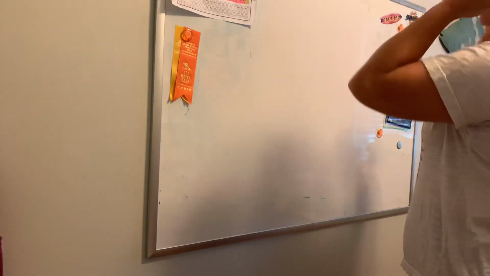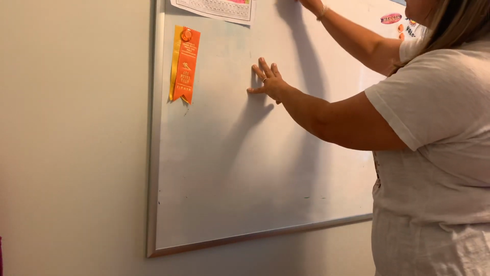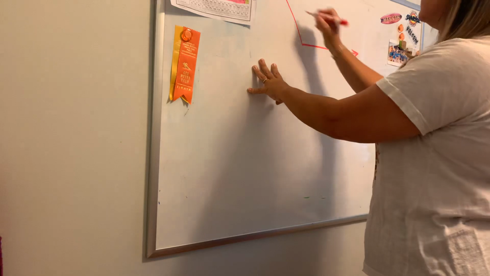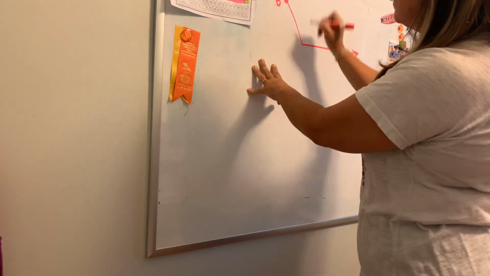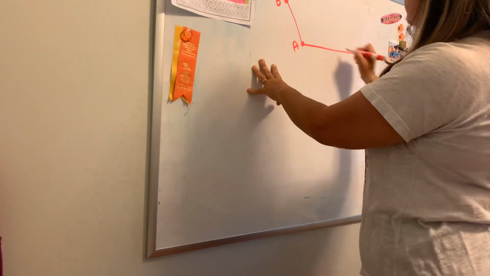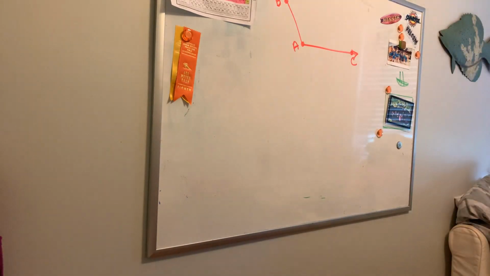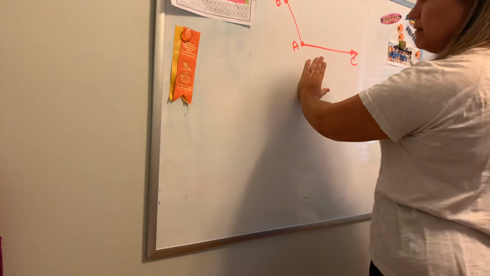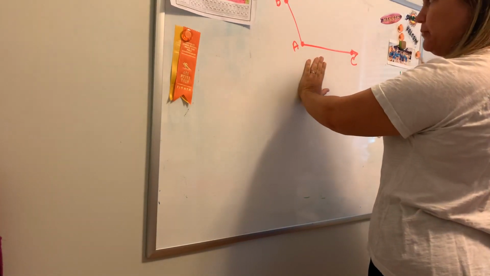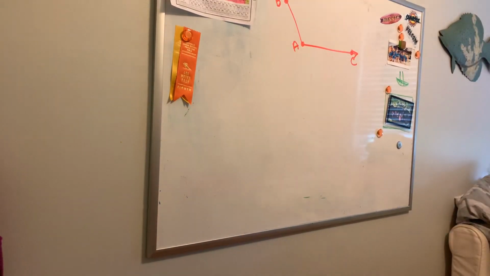So to name an angle, if I have this large angle, and I want to say, what is the name of that angle? There is a specific way to name them. Now, first of all, let's talk about what kind of angle this is. Hopefully you are saying obtuse, because it looks bigger than 90 degrees.